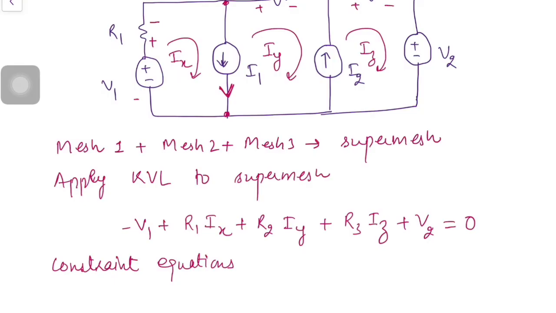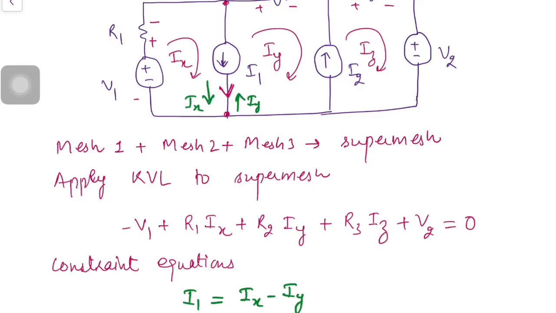So we need to find this I1 in terms of mesh currents Ix, Iy and Iz, and it should be in downward direction. So in downward direction is Ix, and Iy is in the upward direction. So the constraint equation is I1 is equal to Ix minus Iy.